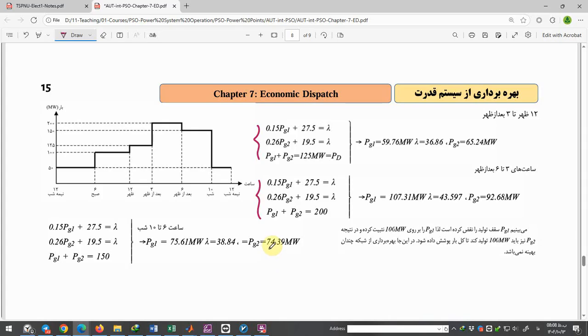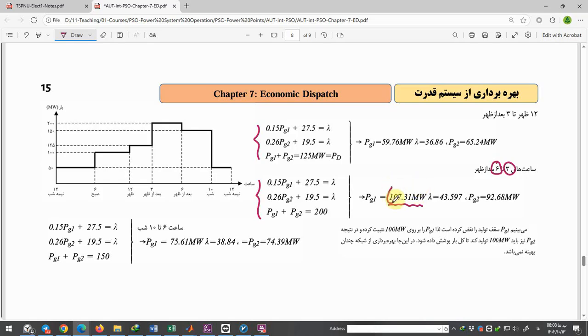We can consider that from 3 p.m. to 6 p.m. our calculation gives 107 megawatts.